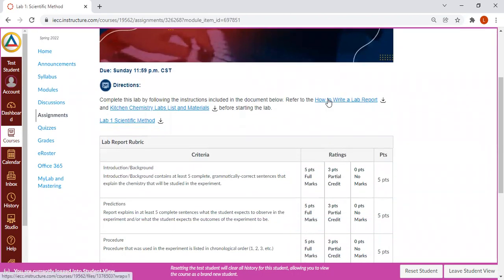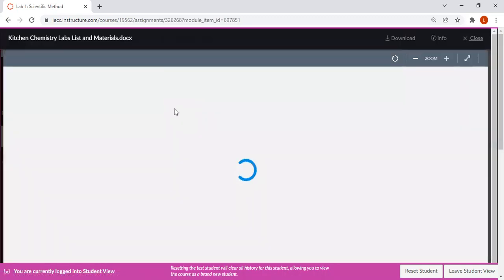Here's a handout on how to write a lab report. You're going to be writing a lab report. And then here's the list of the materials that you're going to need. Okay, you're going to have to purchase these materials. These are 99% things that you probably already have in your home. If you don't have these items, they are easily purchased at a grocery store.